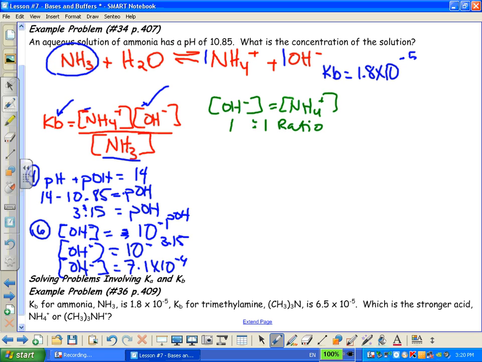So I know that the concentration of the hydroxide ions that I found down here is equal to the NH4+ because it's also a product. So we have all three now. So we're going to substitute those values in and rearrange it so that we can find ammonia. Sorry, ammonium. So NH4+, if we rearrange that, is going to be equal to Kb times our ammonia divided by our OH-.